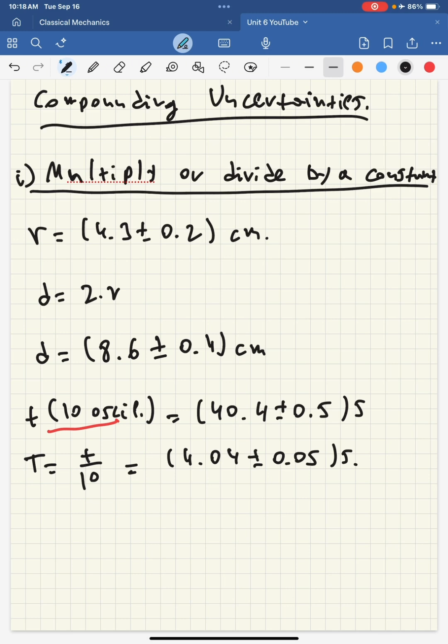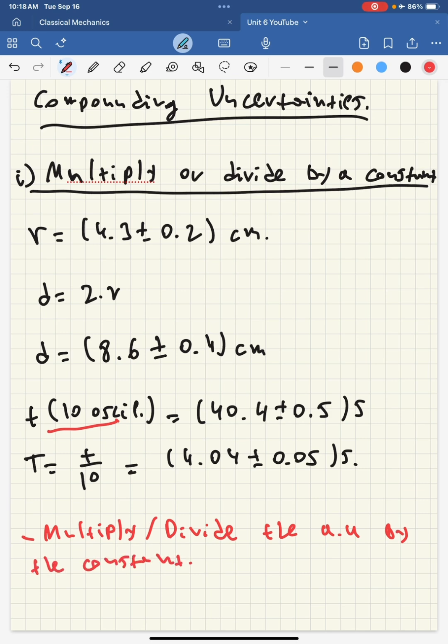Simple as that. So the general rule is to multiply or divide the absolute uncertainty by the constant.